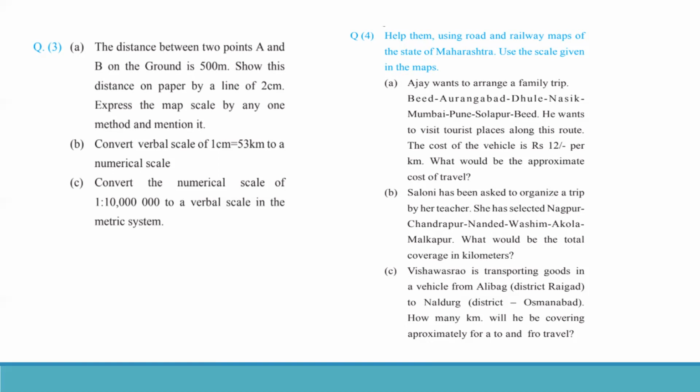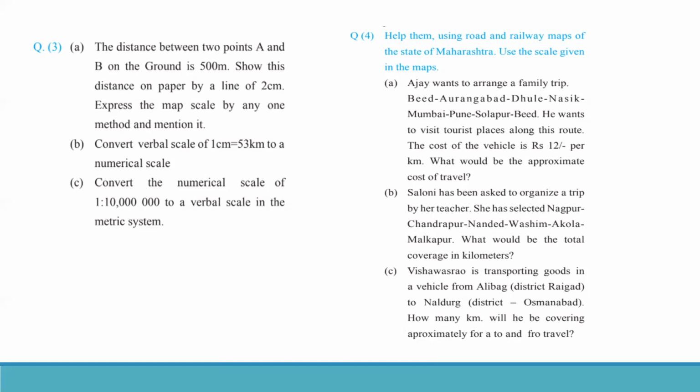Now express the map scale by any one method. So now when you have drawn it and you're using these words, what will it be? It will be a verbal scale. Let us write the scale of it now. 2 centimeter is 500 meter. Therefore 1 centimeter will be how much? When you divide, cross multiply, you'll get 250 meters.